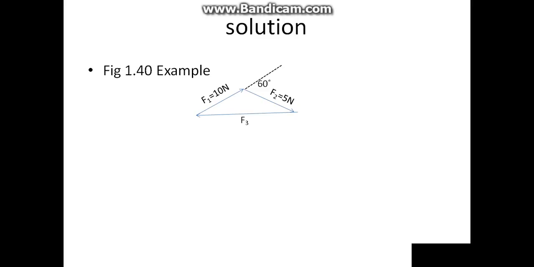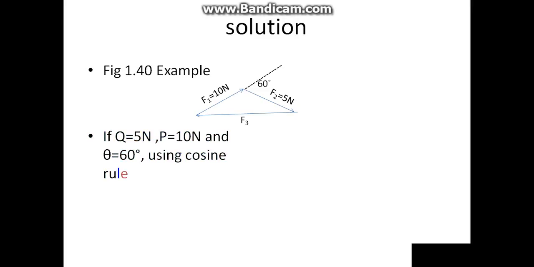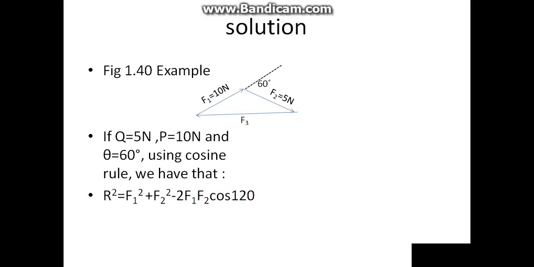If Q is 5 Newton, P is 10 Newton, and theta is 60 degrees, using the cosine rule, we have that R squared is equal to F1 squared plus F2 squared minus 2 F1 F2 cos 120. R, capital R, is equal to the square root of F1 squared plus F2 squared minus 2 F1 F2 cos 120.